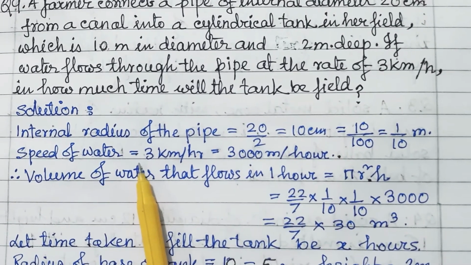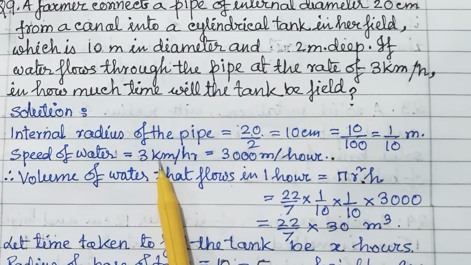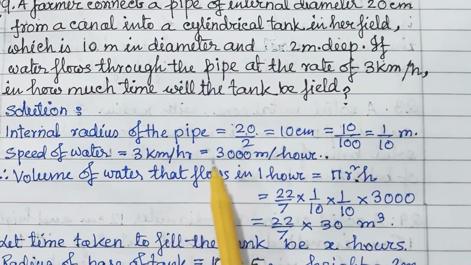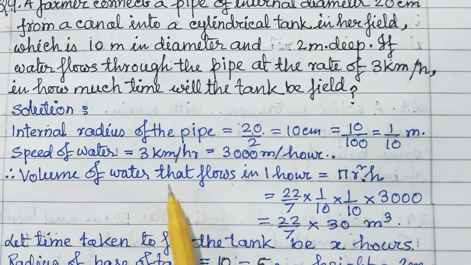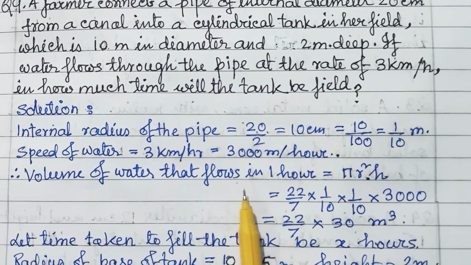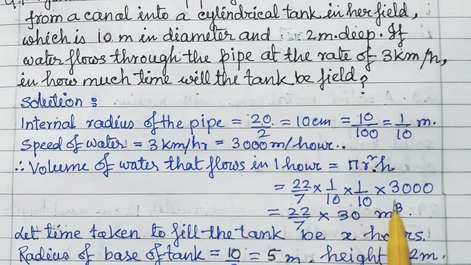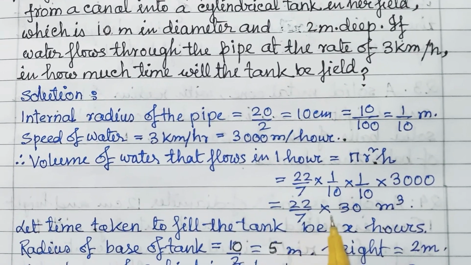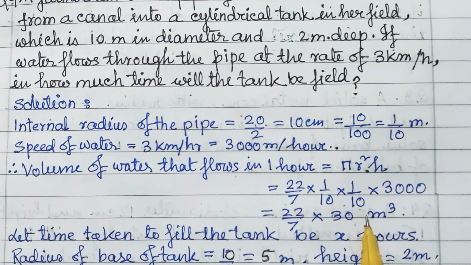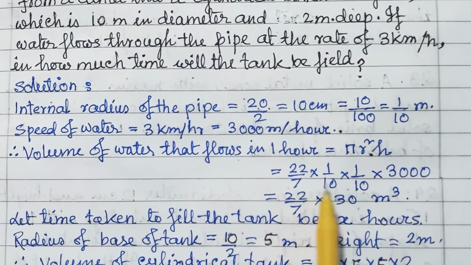The speed of the water, 3 km per hour, we have to consider as the length. So it is 3 km, that is 3000 meter per hour. The volume of water that flows in 1 hour is pi r square h, which is 22 upon 7 into 30 meter cube. It is the volume of water flowing in 1 hour through the pipe.